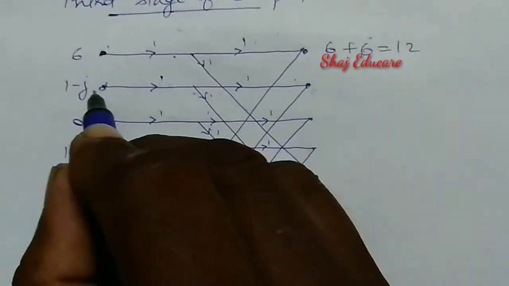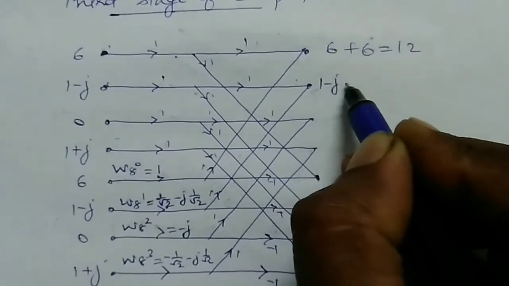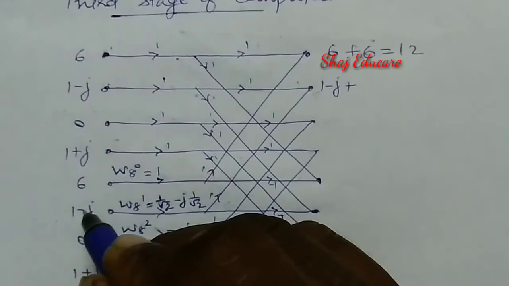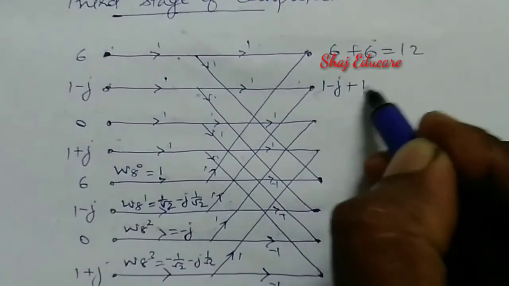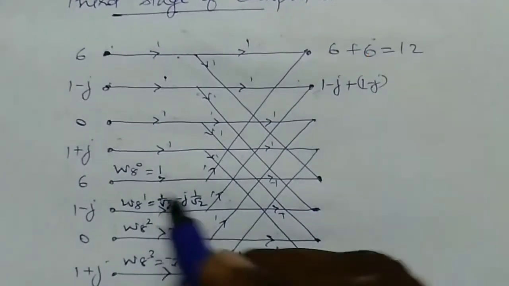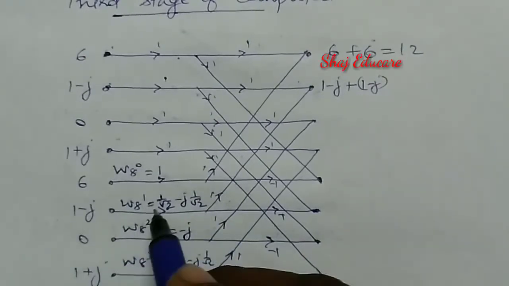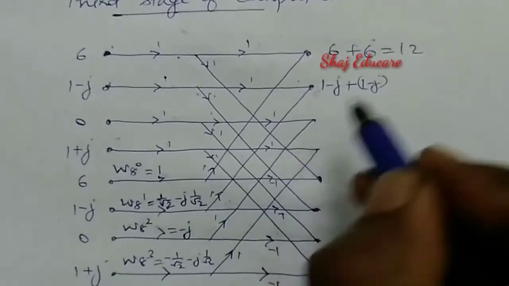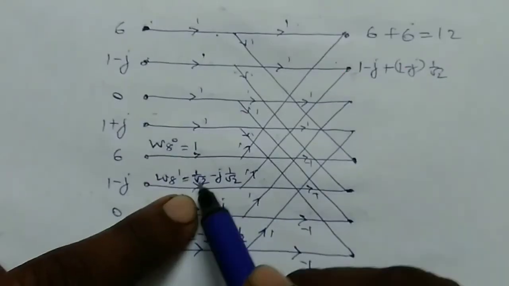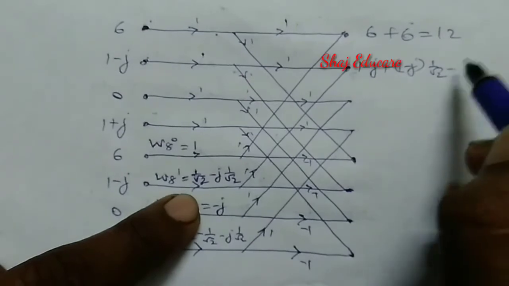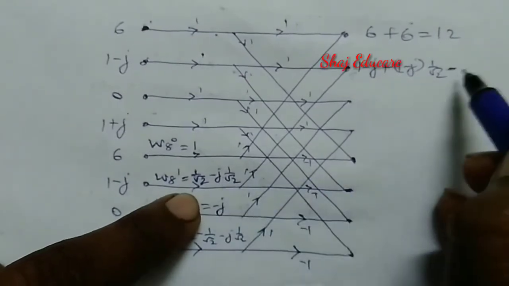Now here 1 minus j plus, another connection is from 1 minus j, let us put the bracket as we should have multiple times, 1 minus j into this one, into total factor 1 by root 2 minus j into 1 by root 2.